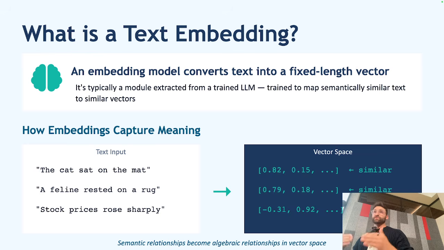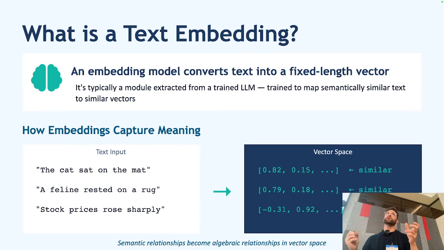But it has really useful properties: two vectors are related to each other algebraically in the same way that the text is related to the other text semantically. And how that's useful to us is that two inputs that have the same meaning, but are stated in different literal vocabulary, will map to a very, very similar vector. So that's super, super useful.